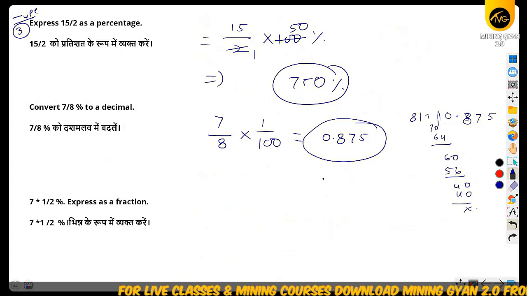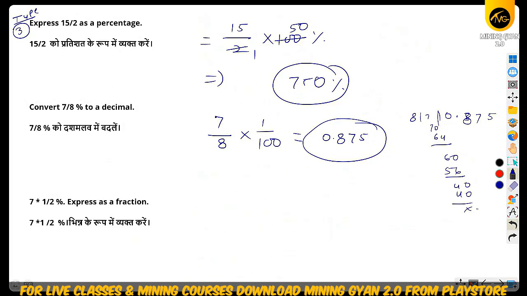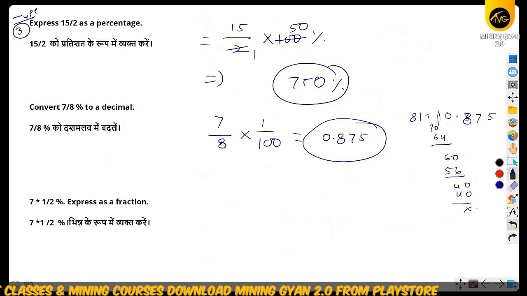This is the decimal form of the percentage fractional number. Okay, to convert into the decimal form of any number, for example, 7 divided by 8 is the fractional number. Just multiply by 1 divided by 100. So basically you just calculate 7 divided by 8, okay. You have to multiply, divided by 100 also here. So when you divide by 100 here, your answer will come out accordingly, okay? So 7 divided by 8 into 1 divided by 100, so 7 divided by 8 that means 0.875 and divided by 100.